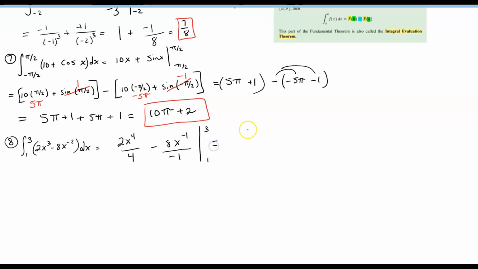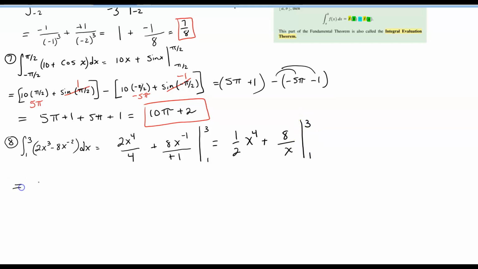Well, we can clean this up just a little bit. 2/4 becomes 1/2. 1/2 x to the 4th power. Minus minus makes for plus. And then we have 8x to the negative 1. And actually, I'm just going to write this as 8 over x, because that negative 1 means it goes in the denominator. And now I'm ready to evaluate it from 1 to 3.